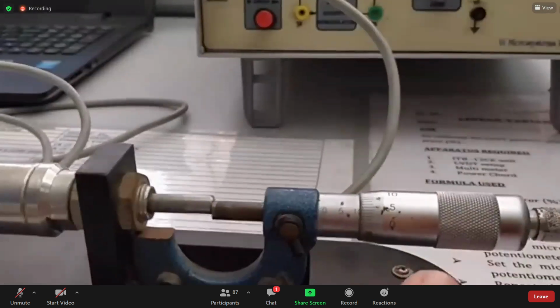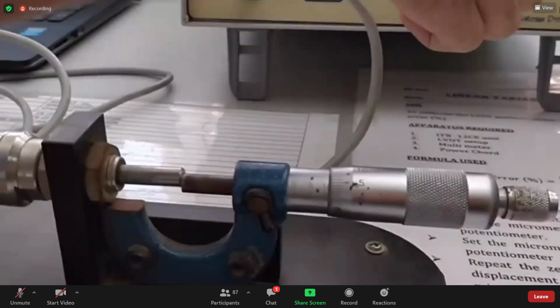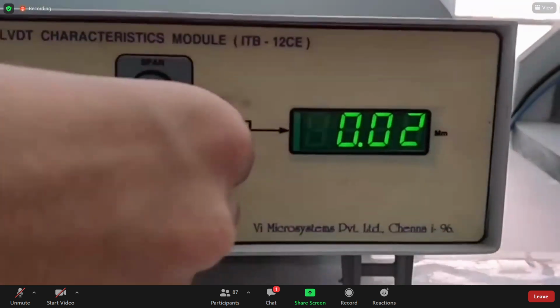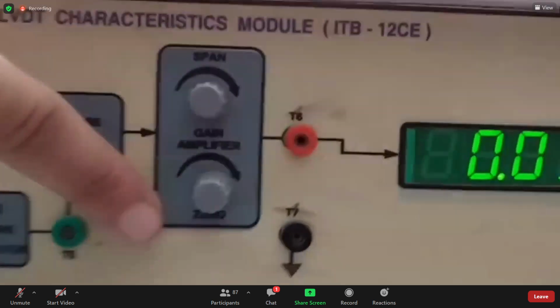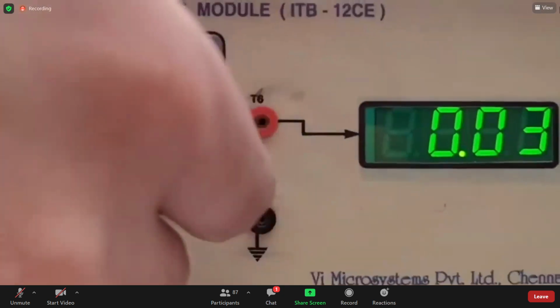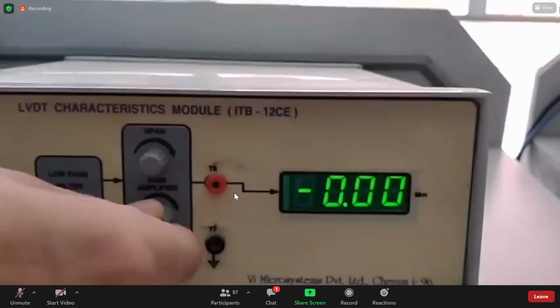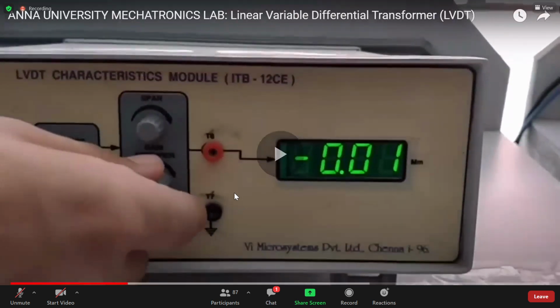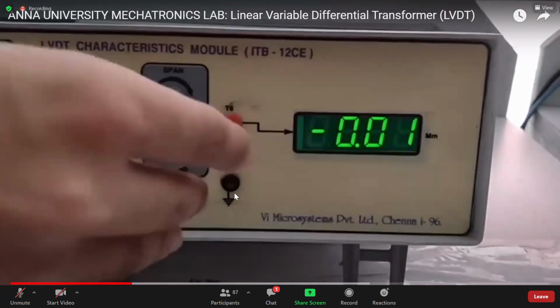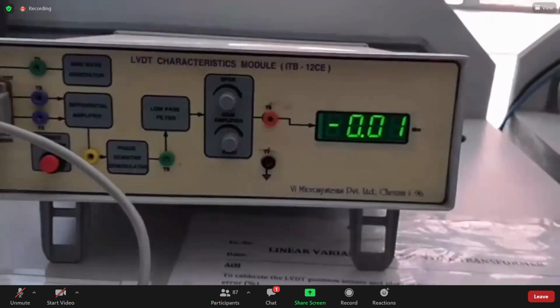I guess it's around 10. Once you do this at 10, you have to change this value and bring it to 0. You have to use the knob at the bottom. You can see over here it's written 0, so this is used for getting it to 0. When the core is at the middle position, we should get 0 output.